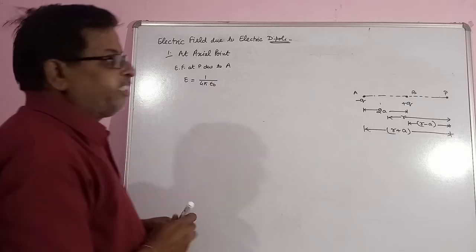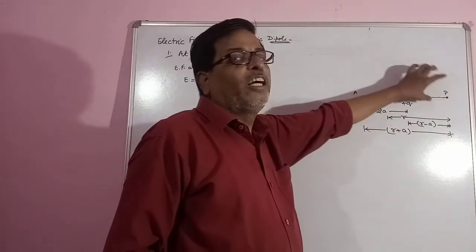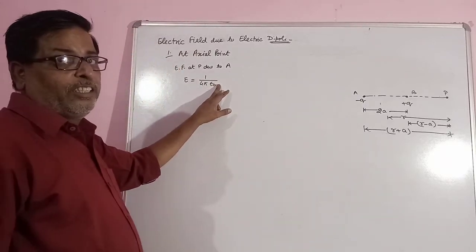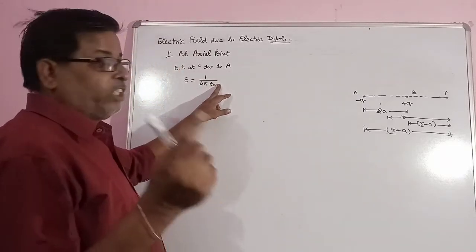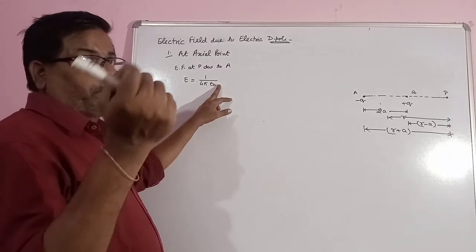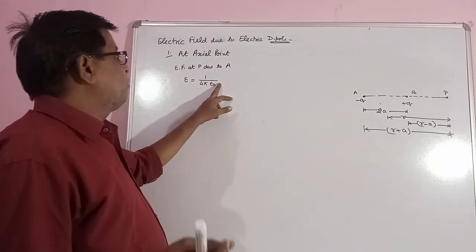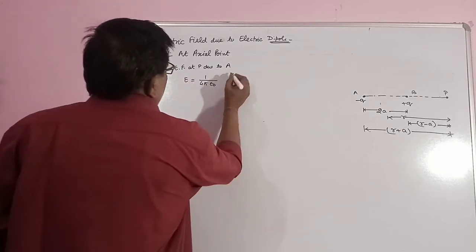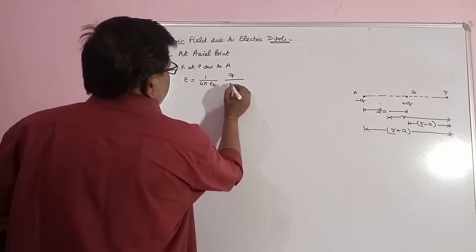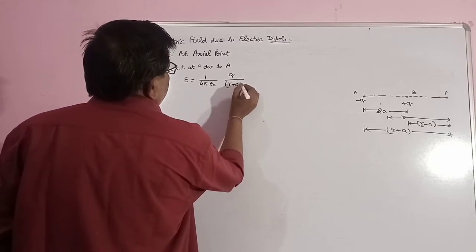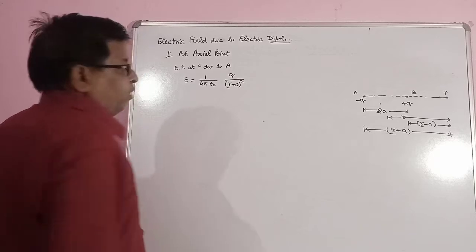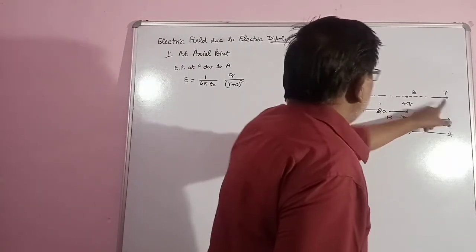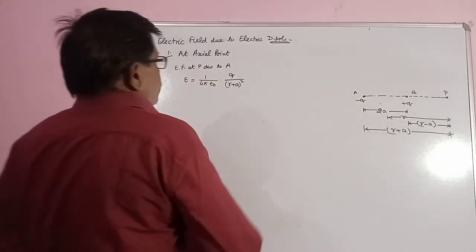Here we are considering that this dipole is placed in air or vacuum, so the value of the dielectric constant, the relative permittivity, is considered 1. So 1 over 4 pi epsilon naught, q over the distance of P, which is r plus a, whole square.